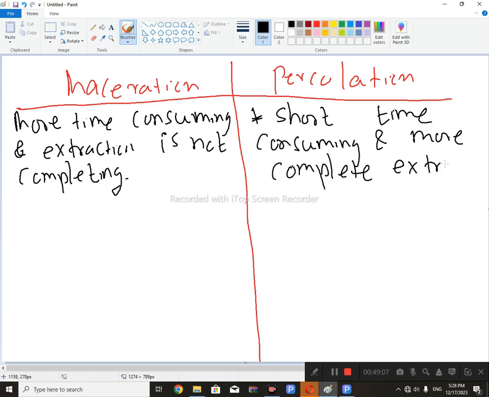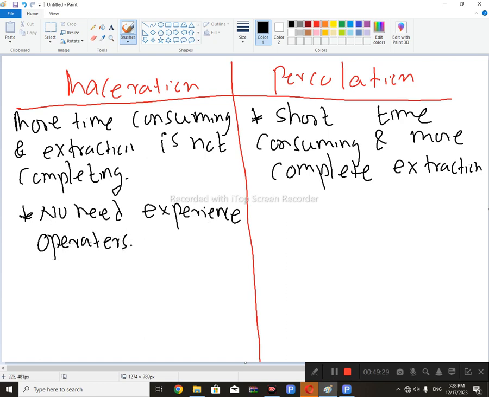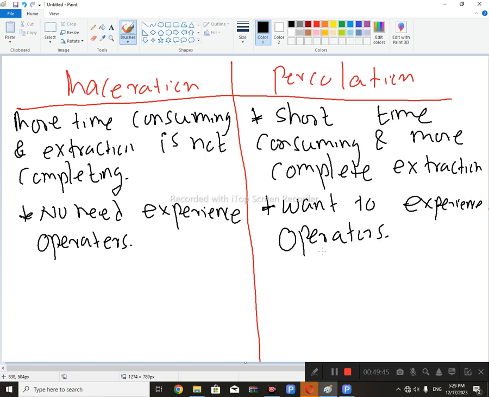Maceration: no need for experienced operators. Percolation: operators want to have experience. Maceration is suitable for less potent and cheap drugs.